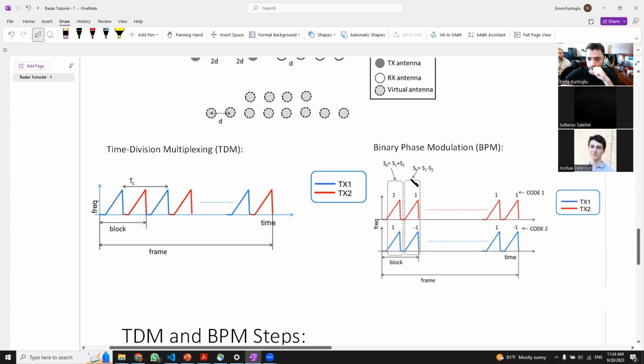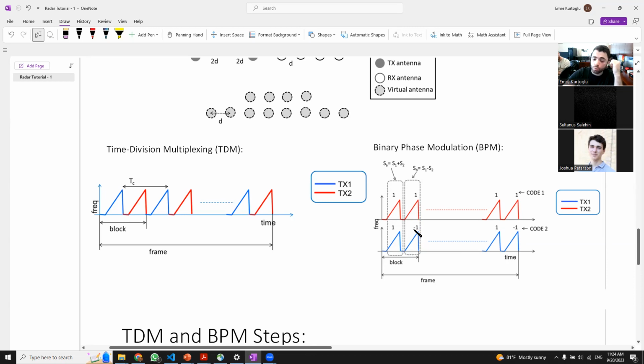And in the second chirp, again we have transmitter 2, but we are multiplying our transmitter 1 with -1 because we want to add the phase difference, okay? So that's why we are multiplying this value with -1.